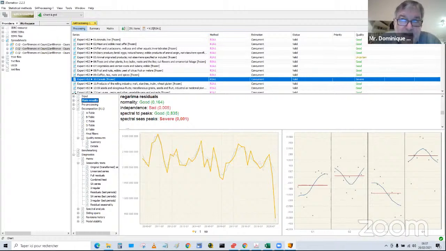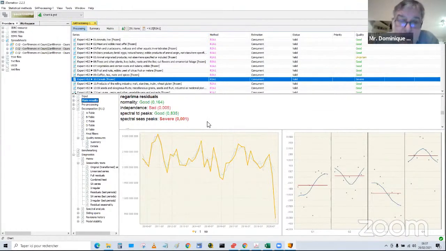So it means that the ARIMA model has a problem. You cannot fit easily an ARIMA model to this series. Okay, but I told you that I don't care about the ARIMA model. I don't care because I'm using X11. I don't care so much. So this one for me is not a big deal.